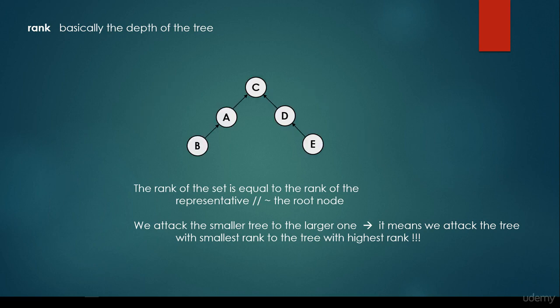Of course, we have to merge them in the way that we attach the tree with smaller rank to the tree with higher rank. Okay, and this is how we do it. We are going to attach the AB set to be the left child of the root node, or the representative, of the other disjoint set.